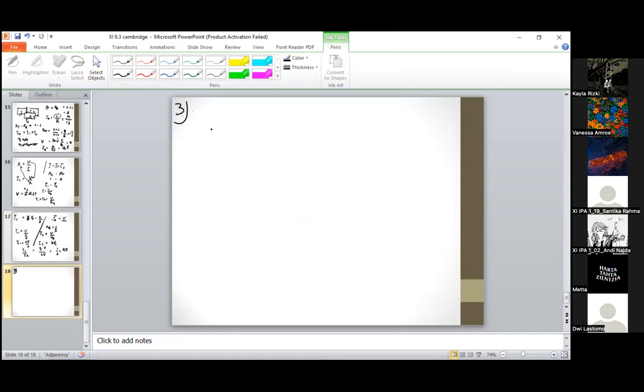The EMF is like voltage, 6 volt, and then two resistors R1 and R2, or RA and RB, 2 and 4 ohm. The resistors are parallel and the B resistor is series. Which resistor position A, B, C, and D is the smallest power transfer?